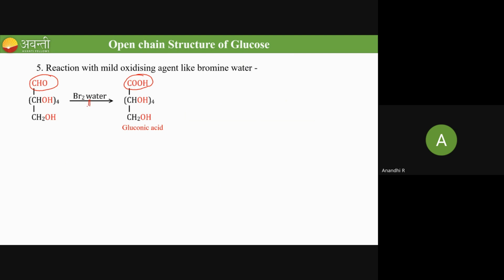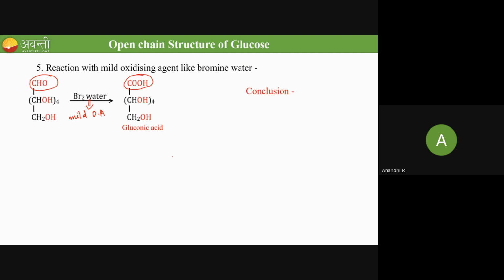This is called a mild oxidizing agent, and the name of the product is gluconic acid. The name, structure, the conversion and the reagents that are used, everything is very important.